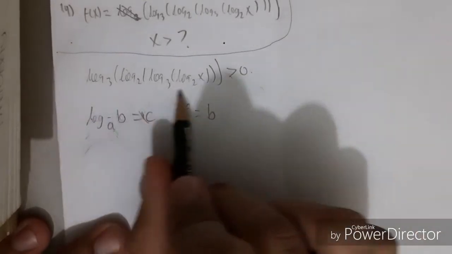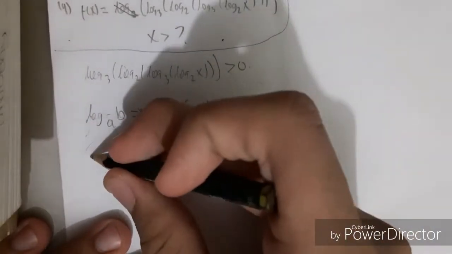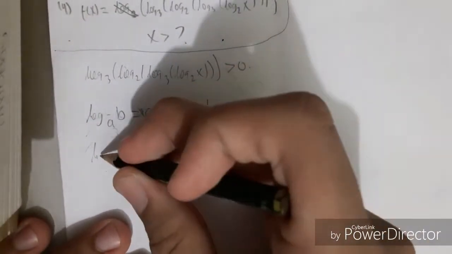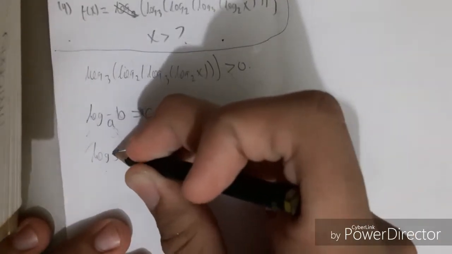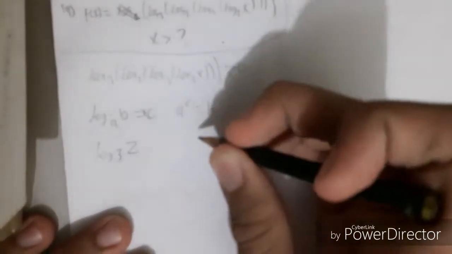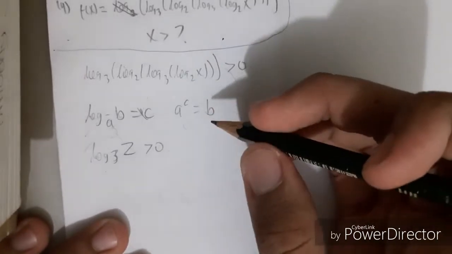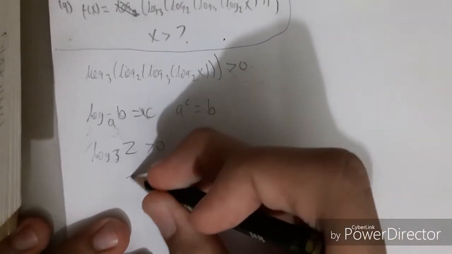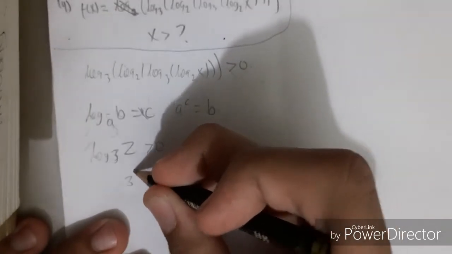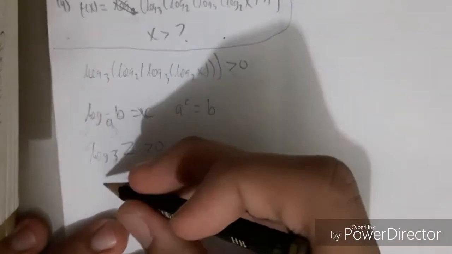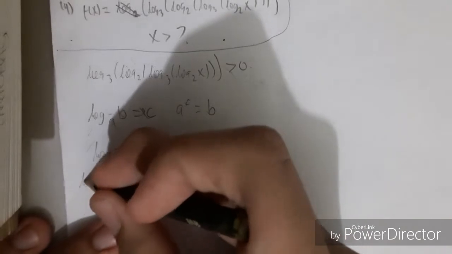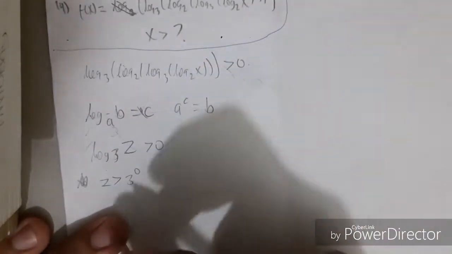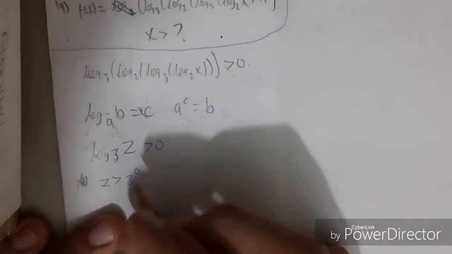The same goes for this example: logarithm 3 of something, let's simplify this to z, and it's greater than 0. That means z is greater than 3 to the power of 0.